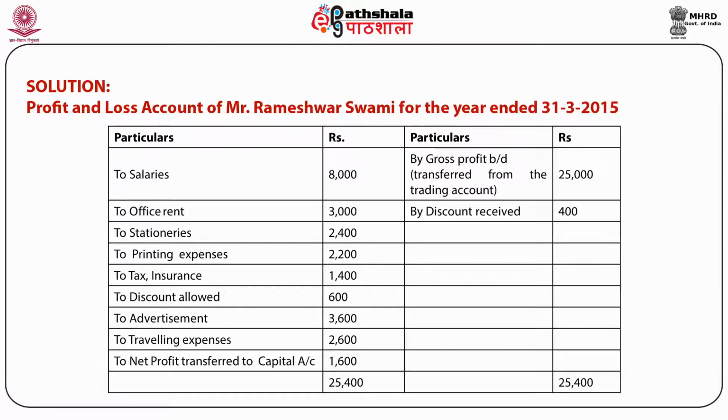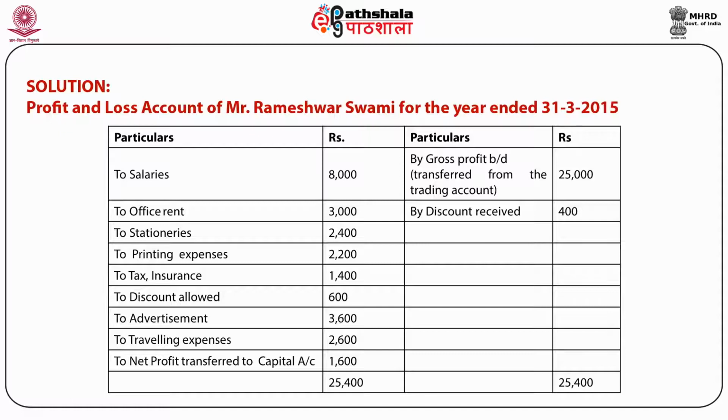All expenses such as salaries, office rent, stationery, printing expenses, tax and insurance, discount allowed, advertisement, and traveling expenses are shown on the debit side of the account. The item of income, that is discount received, is shown on the credit side.